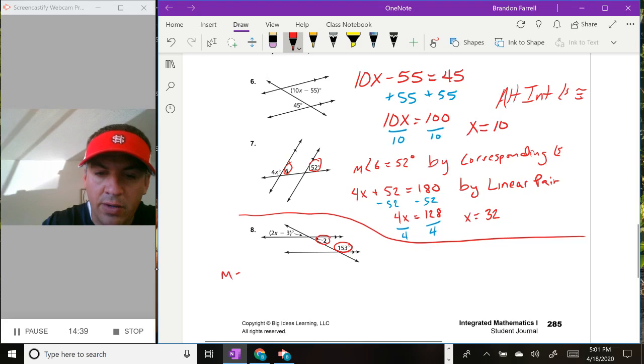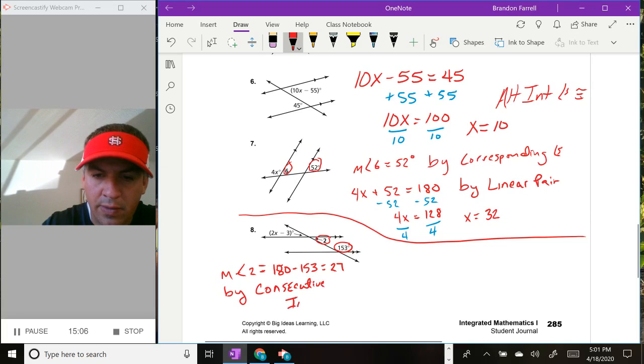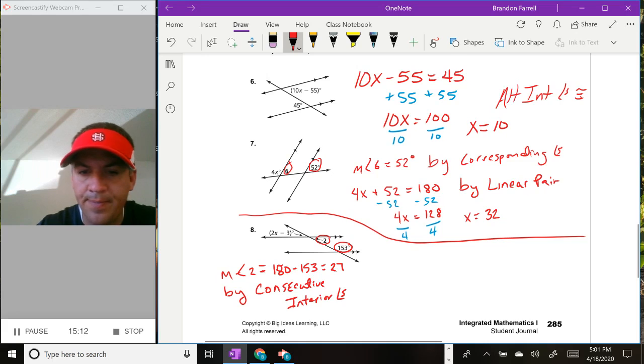So the measure of angle 2 is going to be 180 minus 153, which is going to be equal to 27, and we need to make sure we identify the reason there. Consecutive interior angles.